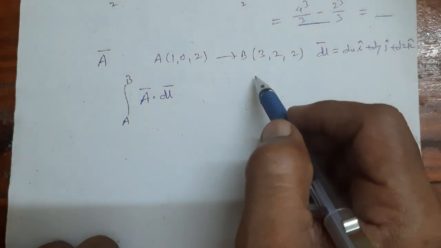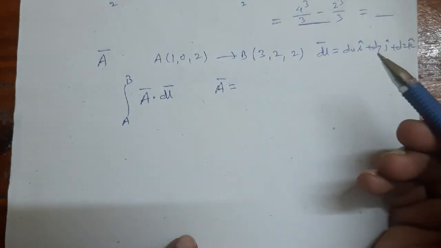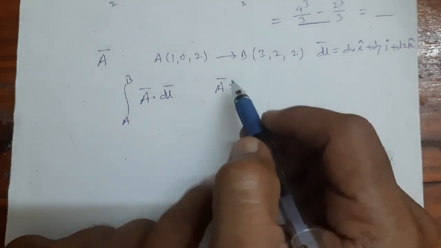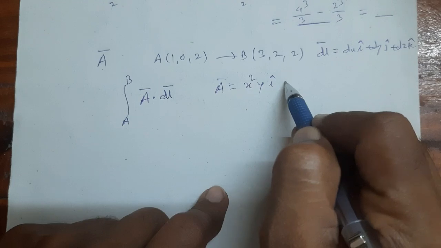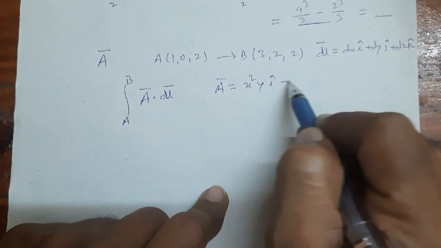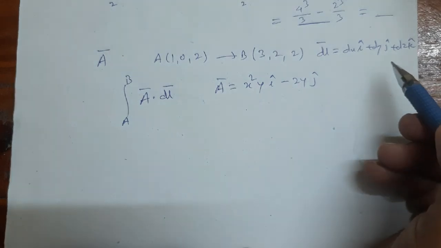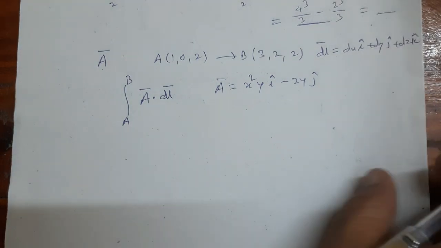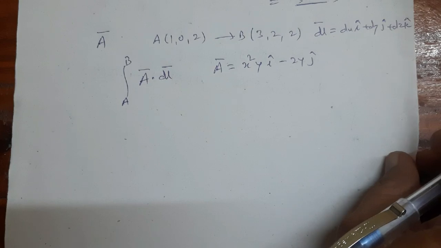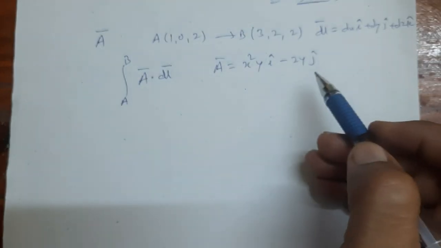Now with the help of some function a bar, we will discuss how to calculate the line integral. Let a bar is equal to x square y i cap minus 2y j cap. Now I have considered a bit simple function here because within the time limit we can calculate the line integral.